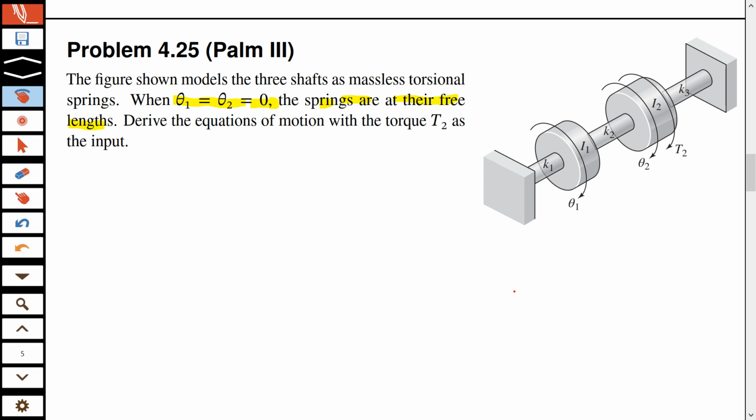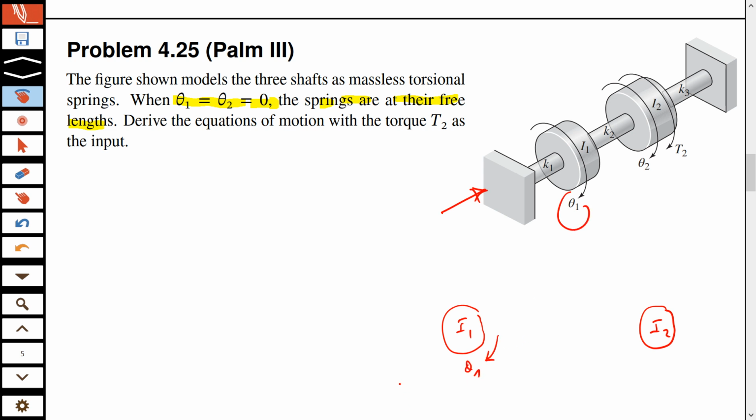But let's draw the free body diagrams for the two bodies. Let's say this is I1 and this is I2. There is no translation, so we should not bother ourselves about the masses. Now, if I look at it from this angle, then theta1 is in this direction.